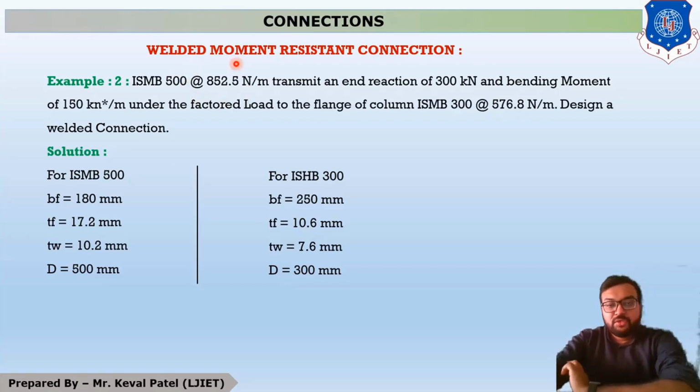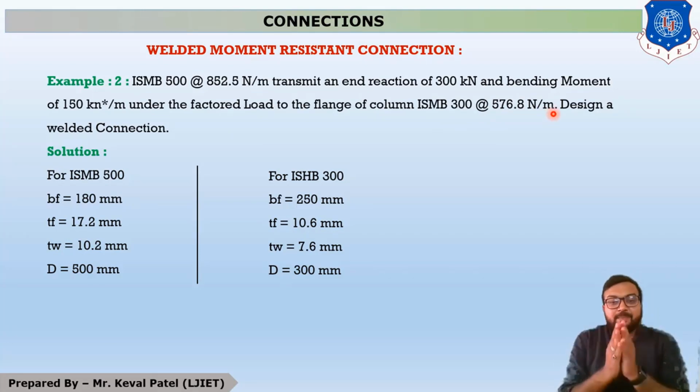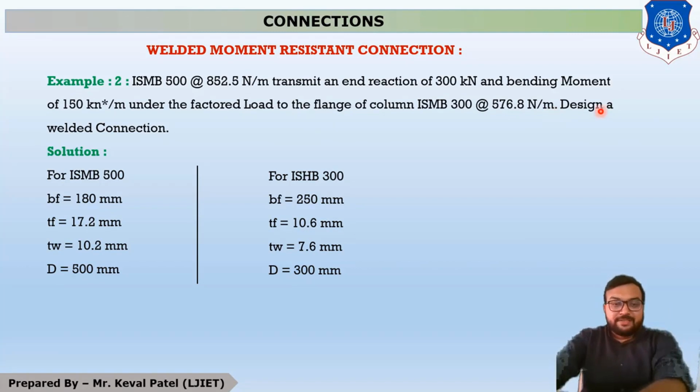So it is 852.5 Newton per meter, transmitting an end reaction of 300 kilonewton and bending moment of 150 kilonewton into meter under the factored load to the flange of column ISMB 300 at 576.8 Newton per meter. It means our ISMB 500 section can transmit a shear force of 300 kilonewton and bending moment of 150 kilonewton into meter. Now the design of welded connection.